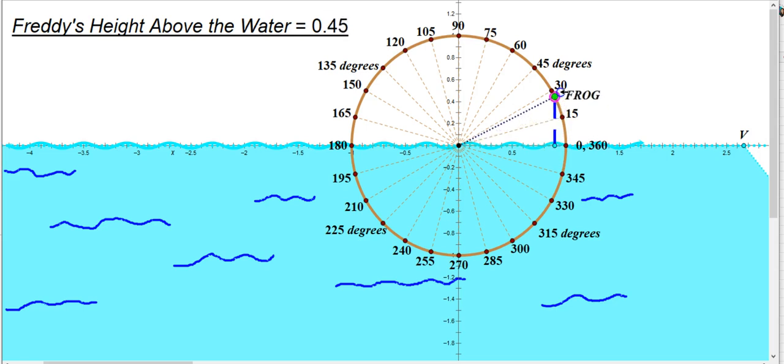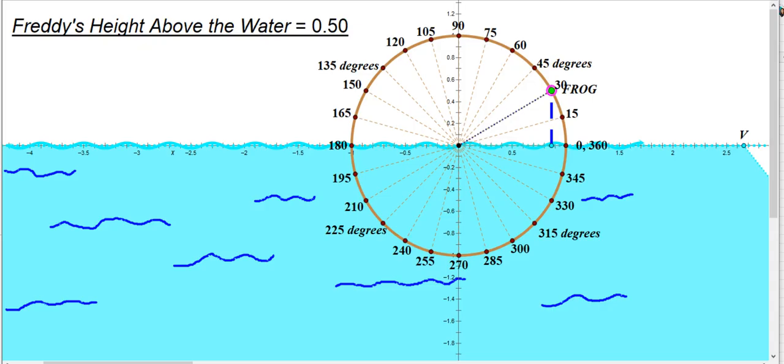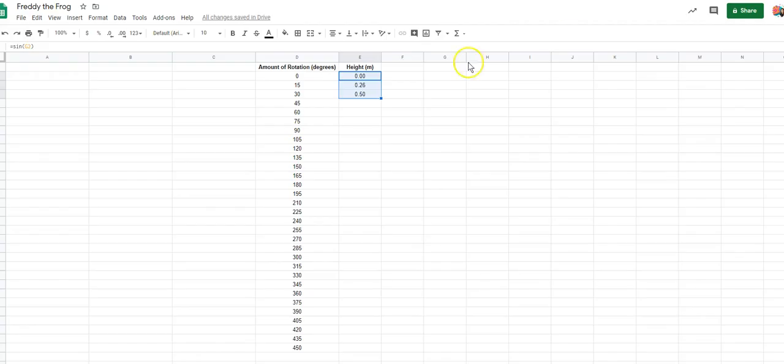Now, if we rotated him 30 degrees, his height here would actually be exactly 0.5 meters. So we could put that into our table and rotate him 45 degrees, and his height would be approximately 0.71.